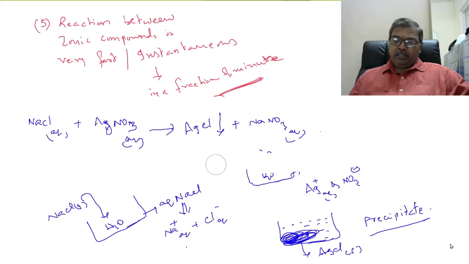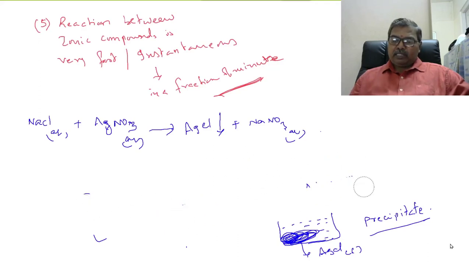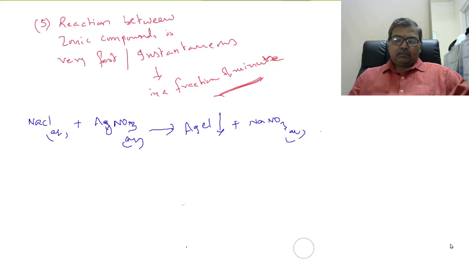Now, the aqueous solution of NaCl contains aqueous Na plus ions and aqueous Cl minus ions.